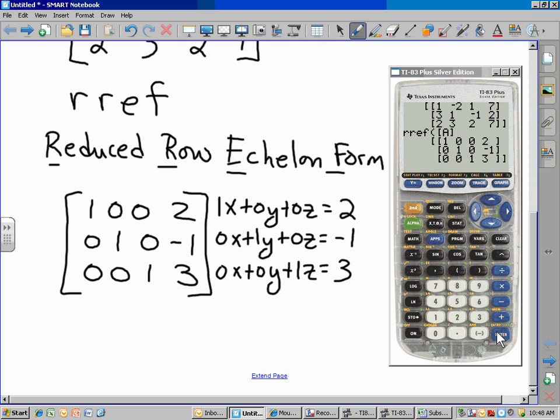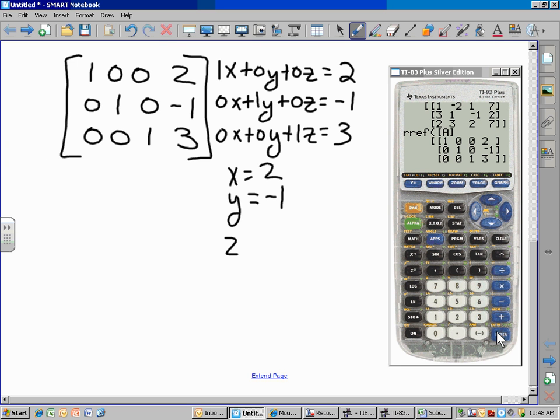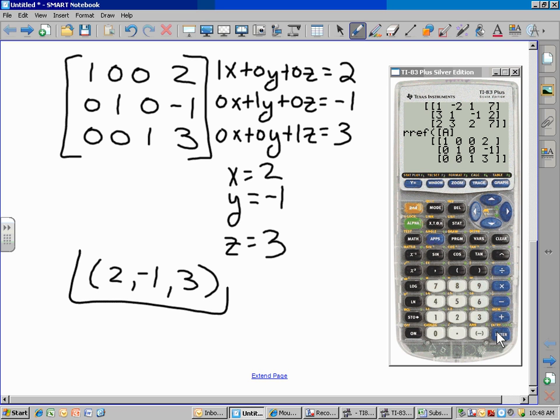Now, cleaning this up, we simply get x equals 2, y equals negative 1, and z equals 3, which is exactly what we were solving for. So we have our solution, 2, negative 1, and 3. That is our answer. That would be the same answer that you would get if you did it algebraically. So are there any questions?